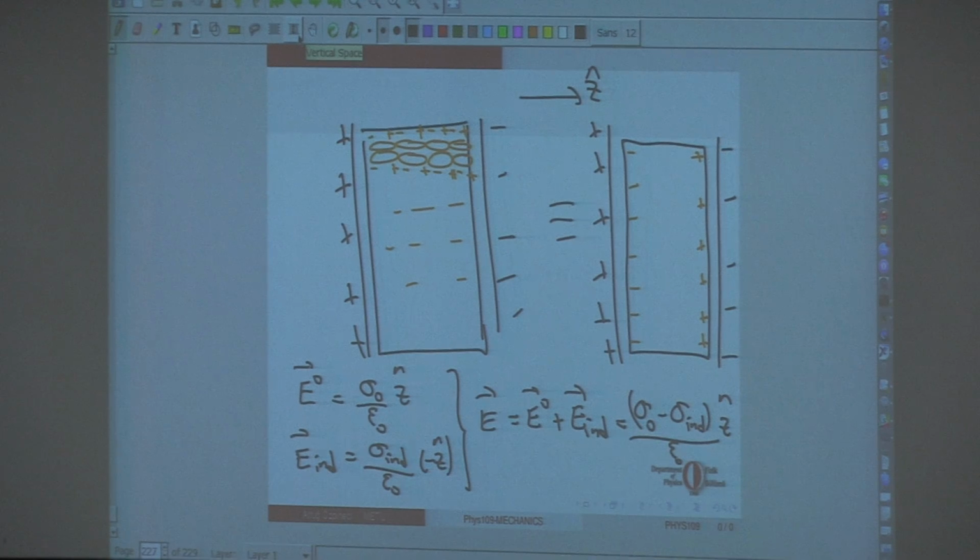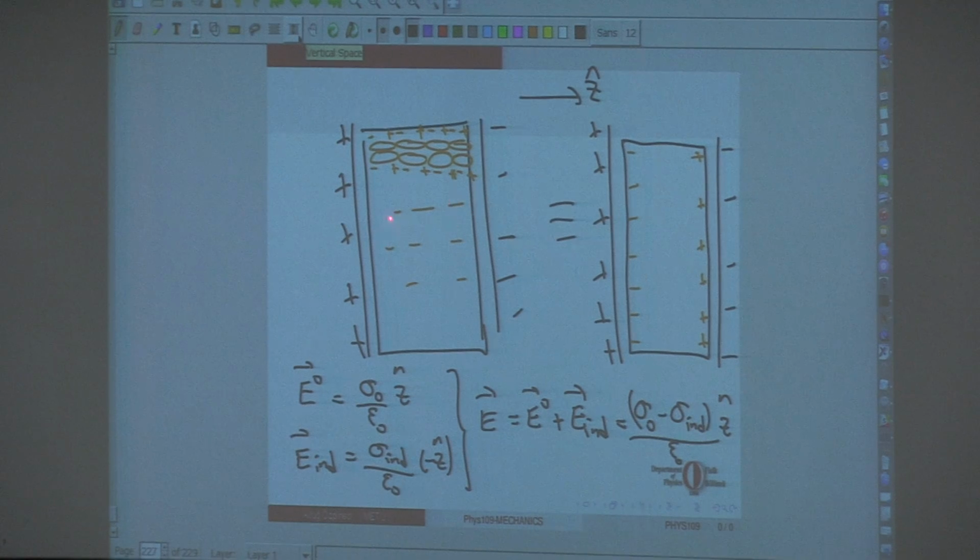So if you take a dipole and put it in an electric field, the dipole also tries to rotate. But eventually, the configuration will be like this. The minus sides of the dipoles will try to go towards the positive plate, and the positive sides of the dipoles will try to go to the negative plate.